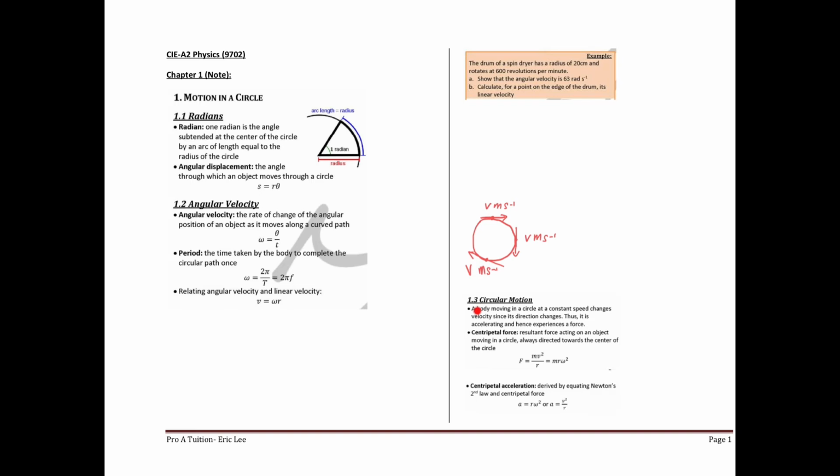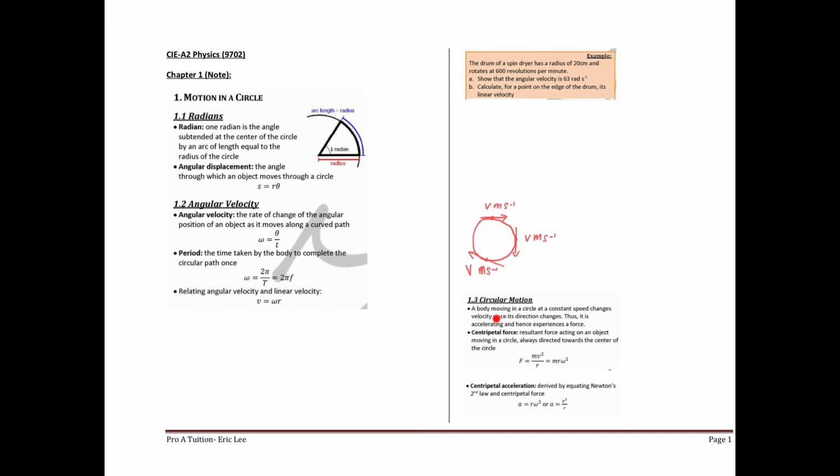Because of this, the acceleration is also non-zero. As we know, acceleration is equal to 0 when the velocity is constant. So the velocity here is not constant, and hence acceleration should have value.